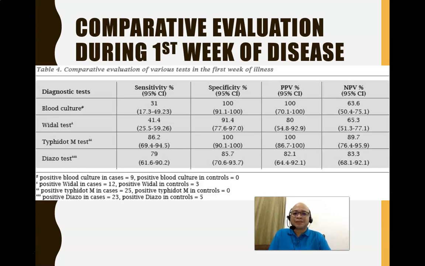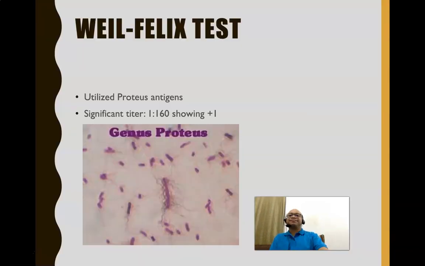When it comes to specificity, the best tests among blood culture, Widal, Typhidot and diazo test would be blood culture during the first week of illness, and the Typhidot test. But when it comes to sensitivity, the most sensitive would still be the Typhidot test as compared to Widal, blood culture or the diazo test.